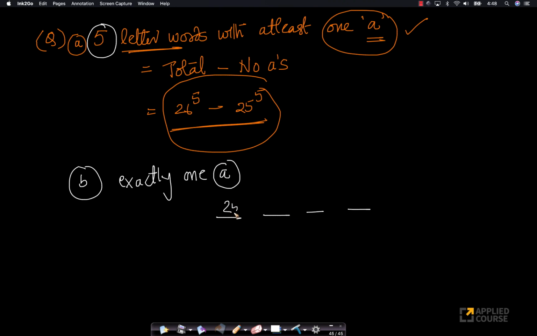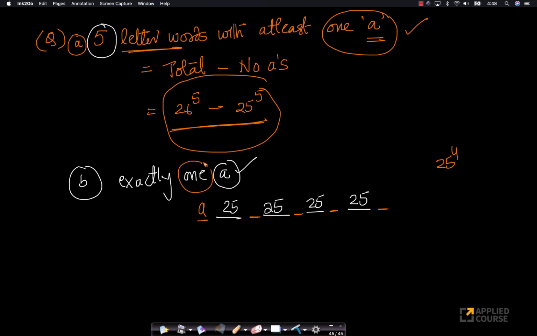So I can fill this in 25 ways, this in 25 ways, this in 25 ways, and 25 ways. Because there has to be exactly one A, right? Now I'll place my A either here or here or here or here or here. So to construct the 4-lettered words, there are 25 power 4 ways. And when I'm constructing it, I'm ignoring A because I don't want 2 A's.